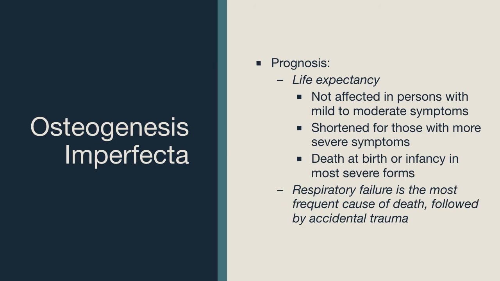Respiratory failure is the most frequent cause of death, followed by accidental trauma. If you think about it, accidental trauma is a high reason for death in general for children, but then you add to it children that have brittle bones, and that increases their risk factors.